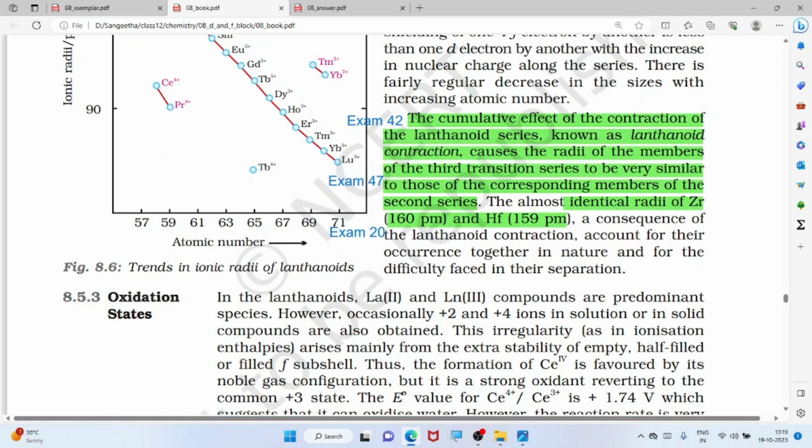The cumulative effect of the contraction of the lanthanoid region causes the radii of the members of the third transition series to be very similar to those corresponding to the second series, due to lanthanoid contraction.